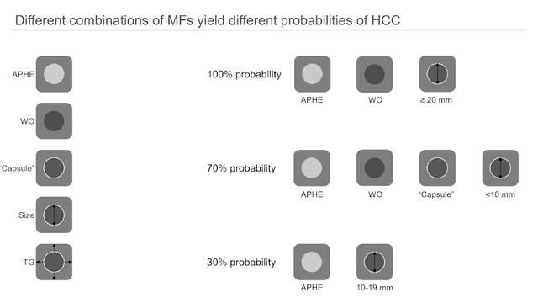In 2018, we do not report probabilities yet, but we do talk about the categories. And again, each category reflects a different probability of HCC. So different combinations of imaging features yield different probabilities of HCC, and these probabilities are reflected by the LIRADS categories.